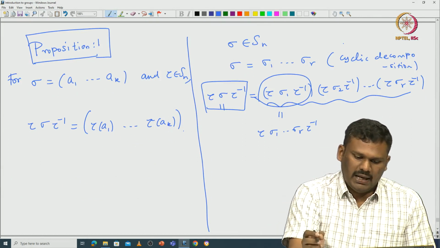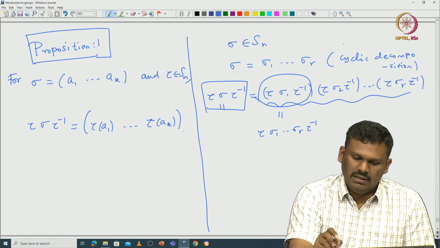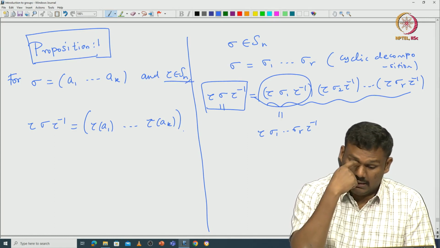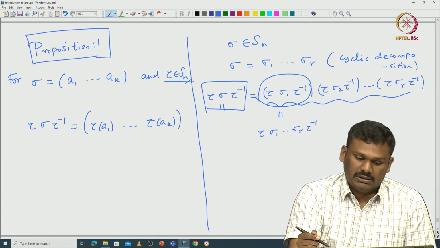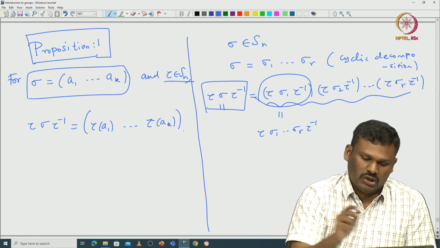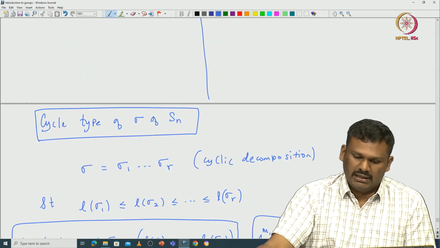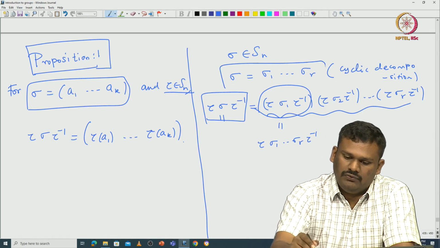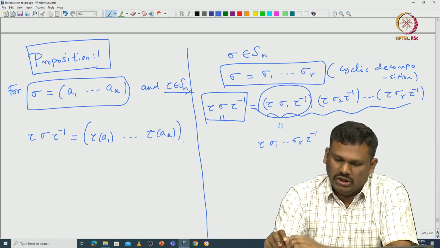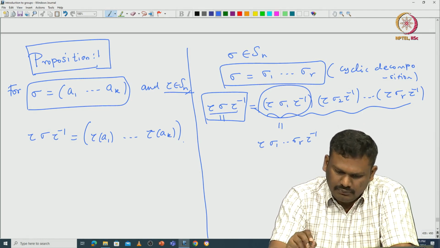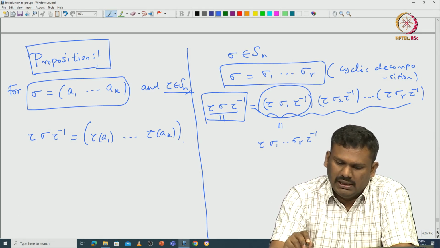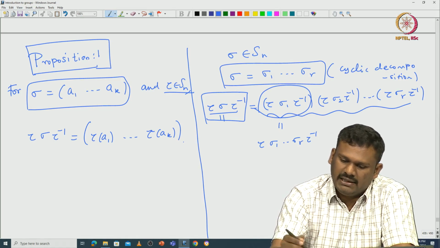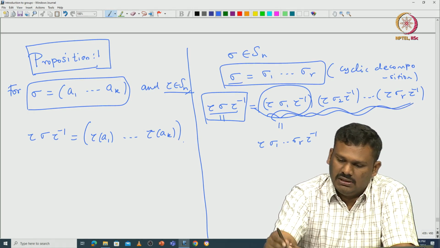If you take a k-cycle and conjugate by some tau in Sn, you get again a k-cycle. So the cycle type does not change when you conjugate the cycles, and that is going to be true for any sigma, because if you write it as a product of disjoint cycles and take the conjugate by tau, then the cycle type of tau sigma tau inverse is exactly the cycle type of sigma because of this.